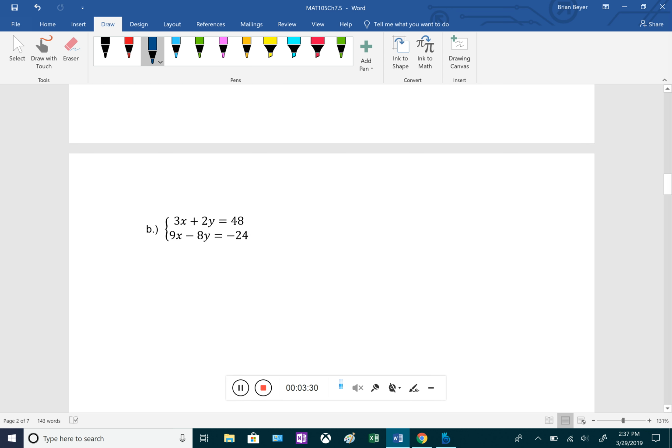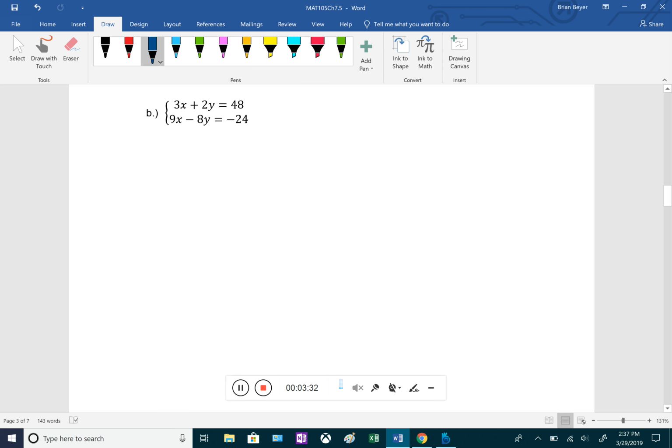Okay, let's do several more here. So next one is 3x plus 2y equals 48, and 9x minus 8y equals negative 24. Our goal is to add these equations together so that one of the variables cancels, either x or y. We have to adjust them because we can't add them together now, since they won't cancel one of the variables.